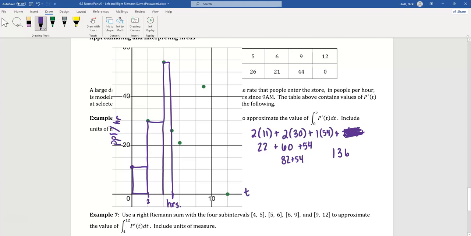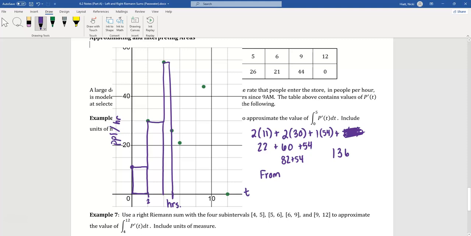So since we were looking from 0 to 5, that's our time, right? So from what time is 0 in this case? Because 0 is not like 0 o'clock. It's not midnight, right?